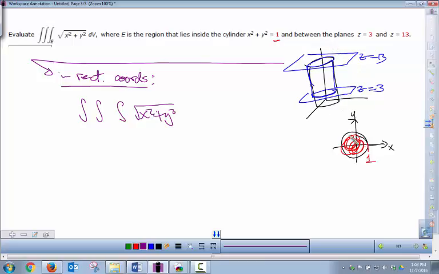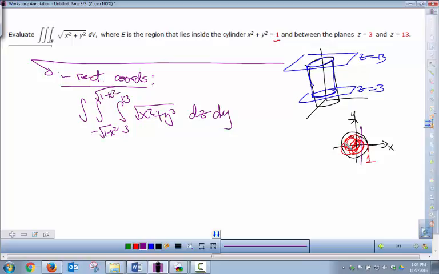I guess it doesn't really matter, but if we integrate with respect to Z first, I would go from 3 to 13. And if I were to integrate with respect to X and Y, this is a circle, and so I'm going to have functions involved here. And let's say I'll integrate with respect to y first, and I would go from negative square root of 1 minus x squared to positive square root of 1 minus x squared.